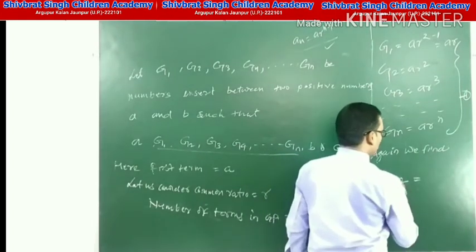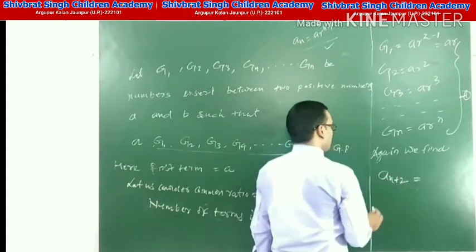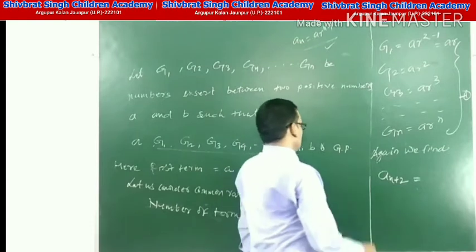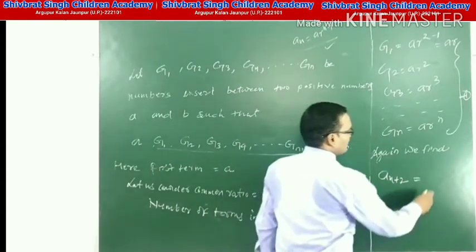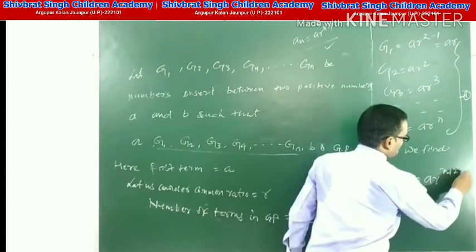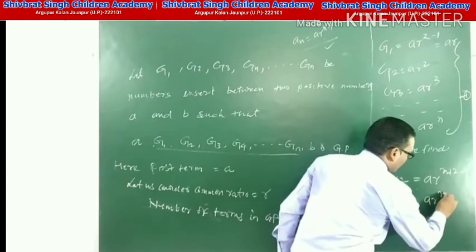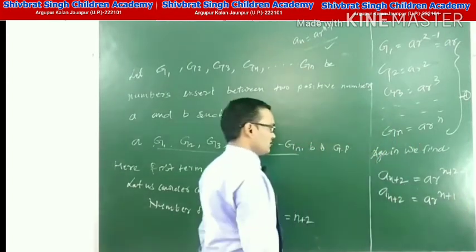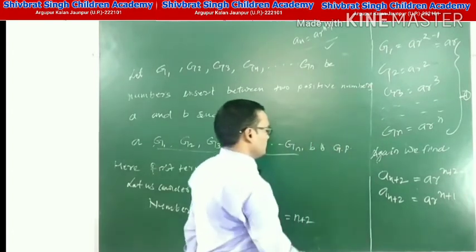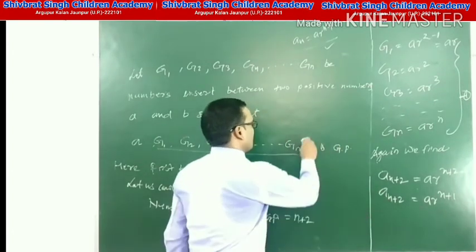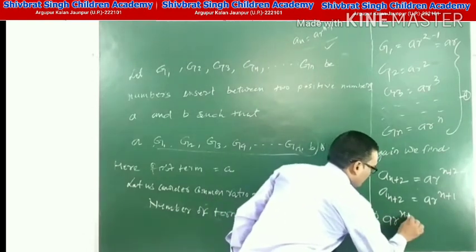An plus 2 equals the last term, that means the n plus 2 term of this GP is b. By the formula, an plus 2 equals ar to the power n plus 2 minus 1, that is ar to the power n plus 1. Here the an plus 2 term is b. Now this implies that ar to the power n plus 1 equals b.